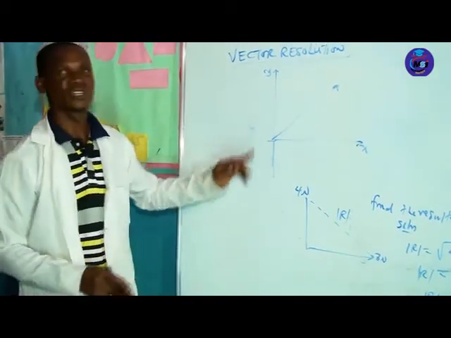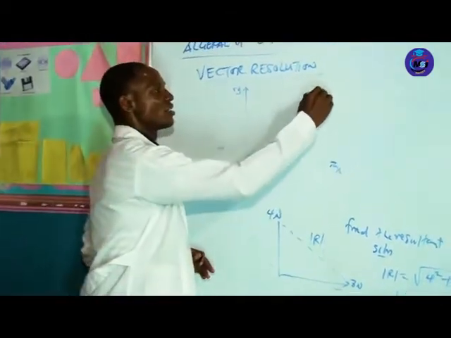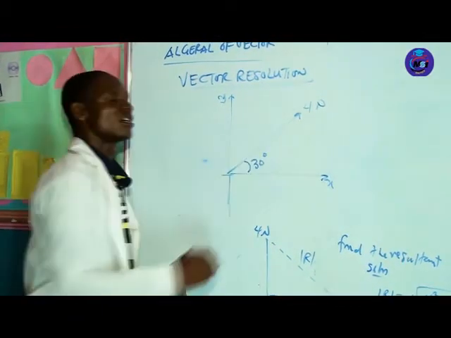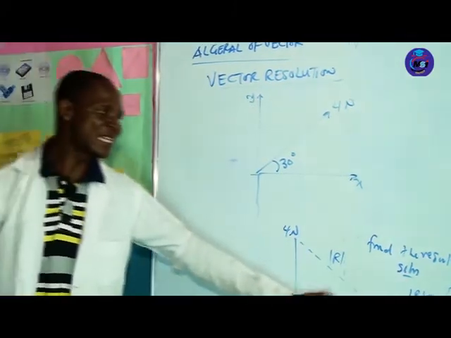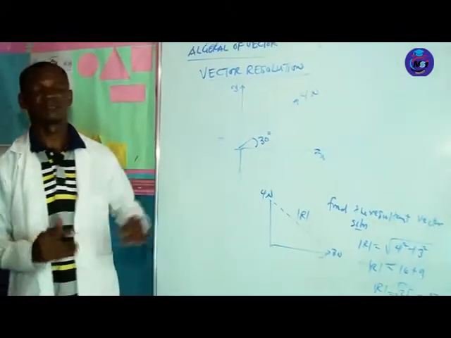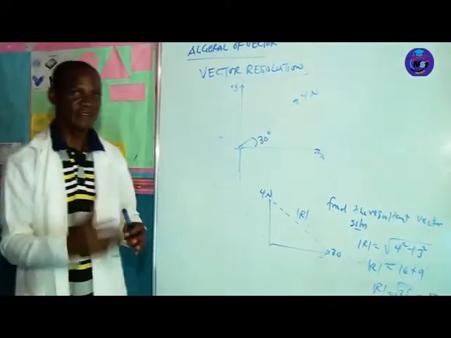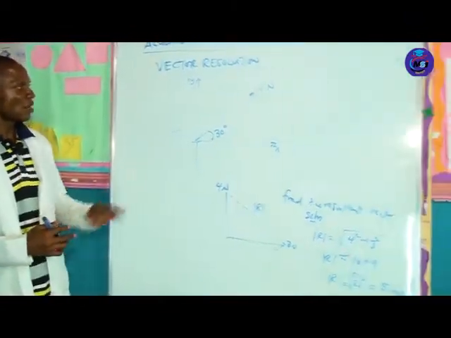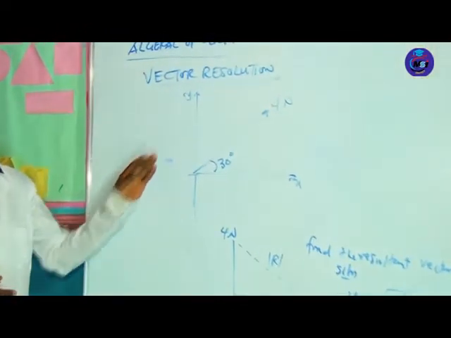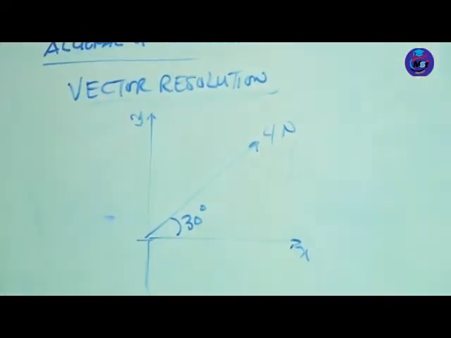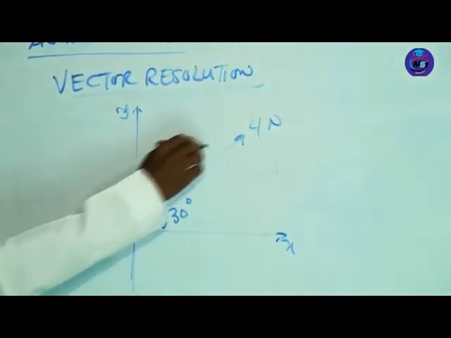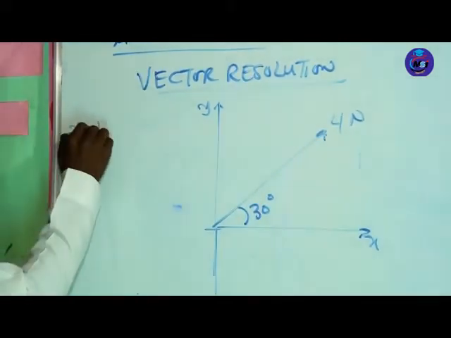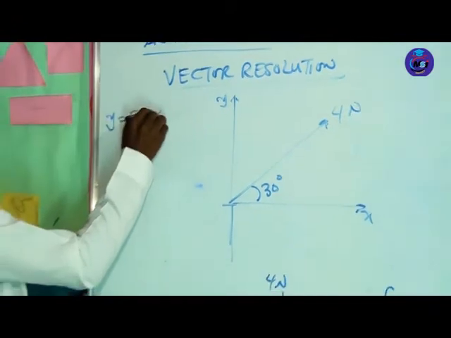But in case of this, you have a vector here, 4 Newton, and here maybe 30 degrees. You cannot determine this one like this. So you have to go through vector resolution. Now, in vector resolution, the y of this vector will now be F sine theta.